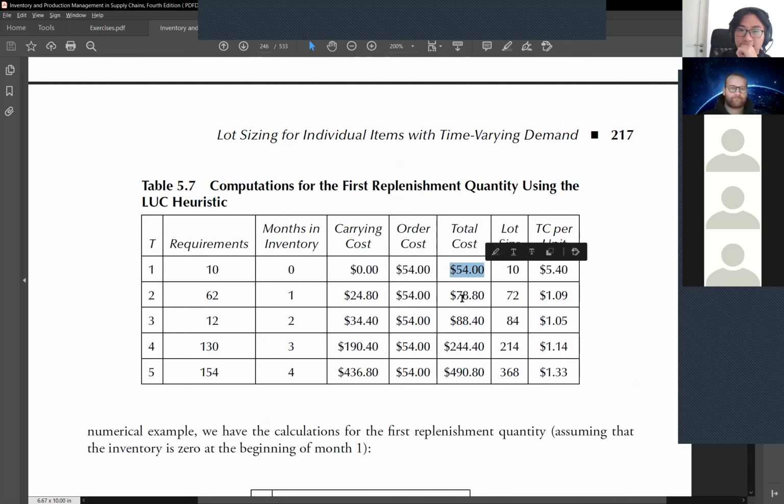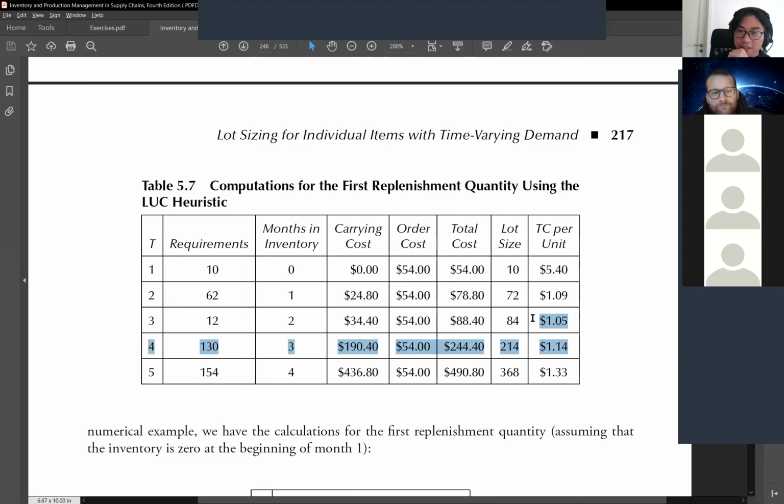The calculation of the total cost is the same. This 12, you're carrying it for 2 months in inventory, so you multiply it by 2 and multiply it by V by R. So the calculation of the total cost is the same, but the difference is you're dividing it by the cumulative demand until that point, and you get different numbers. And the heuristic is the same.